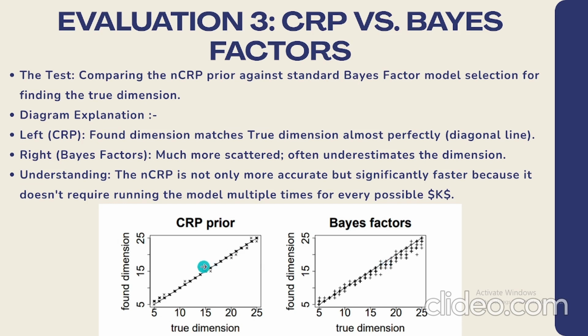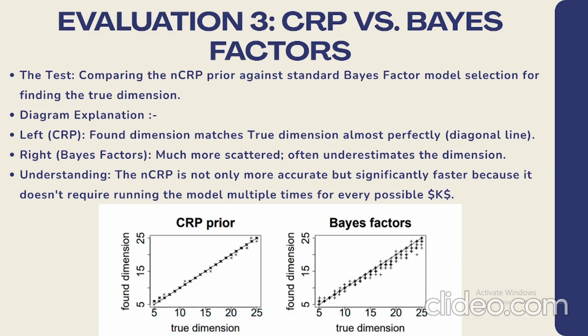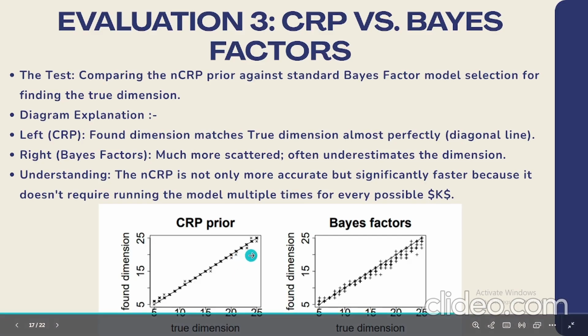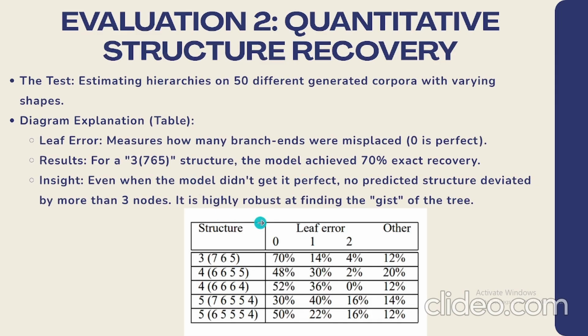Thus, we have understood that CRP is not only more accurate but significantly faster, because it does not require running the model multiple times for every possible value of k. Also, we saw in the quantitative structure recovery that we obtained 70% exact recovery, which is a great result.